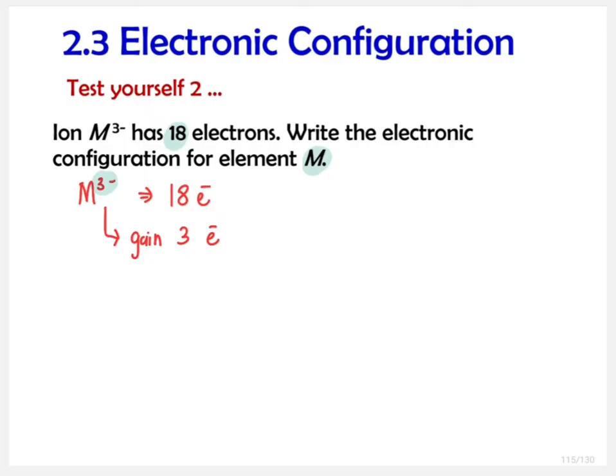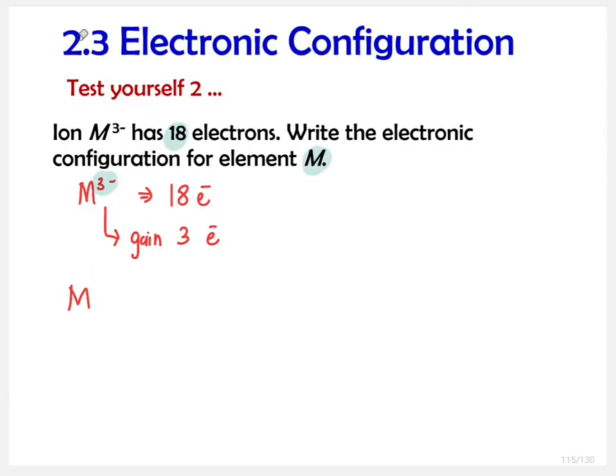Jadi M3- ini dalam keadaan yang dia dah dapat 3 elektron. So after gain 3 electron, dia punya elektron jadi 18, the total. So for M in neutral atom, so M ni before gain the electron.